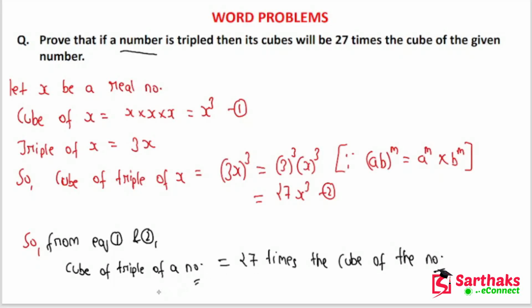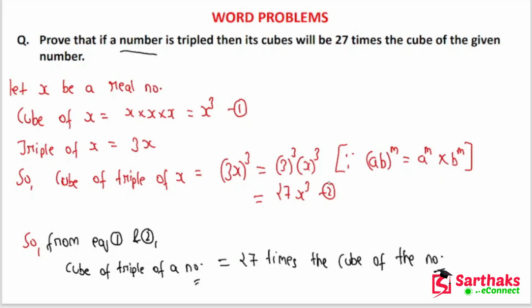So cube of triple of a number, let the number be x, its triple is 3x, its cube is 27x cube. That 27x cube is equal to 27 times the cube of the number. What was the number? x. What was its cube? x cube. You can clearly see that yes, it is 27 times the x cube.